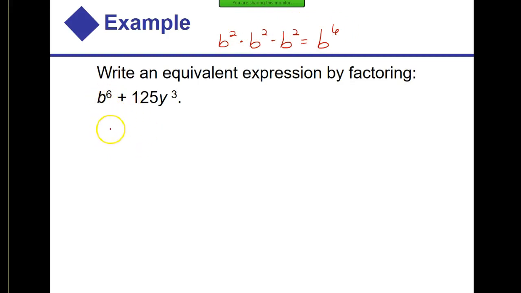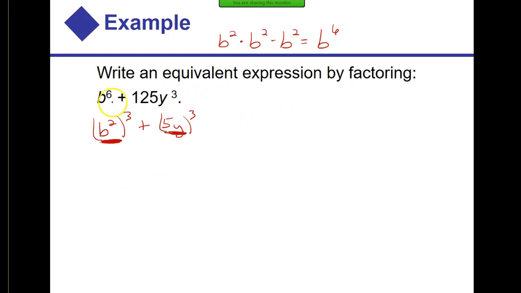So what's being cubed here is b squared. 125 is a perfect cube. 5 times 5 times 5 would give you 125. And y is being cubed. So again, you're essentially taking a cube root. For an exponent, you would divide by 3 to figure out what this is. You would have to factor the 125 to get the 5. So this is my a, b squared is my a, 5y is my b.